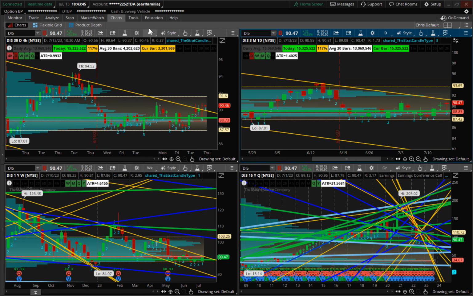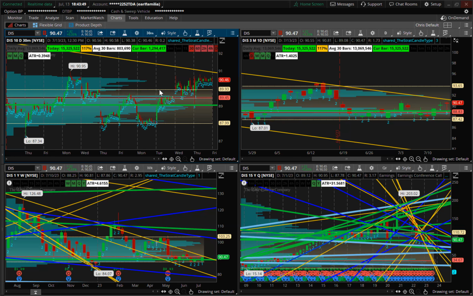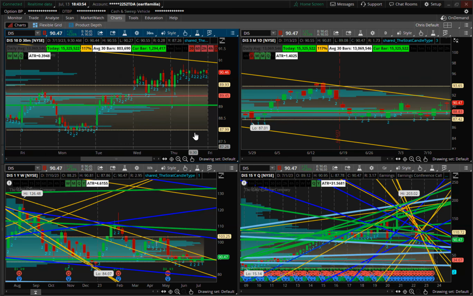The challenge is we got to make sure we get above this broadening formation. So this weekly here just below 91 is what you're gonna want to fight with for this thing to move. Y'all know me with the outside days. It was a bearish outside day, so maybe we get a 3-2 continuation.